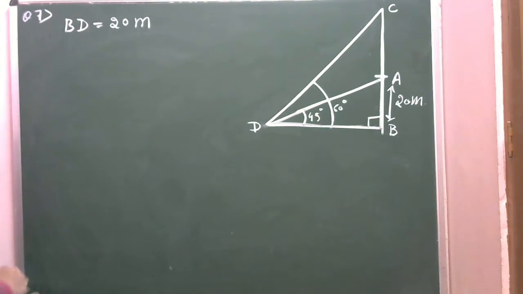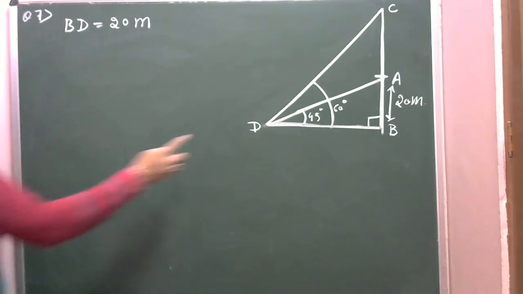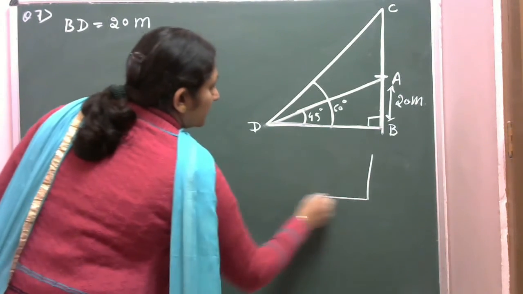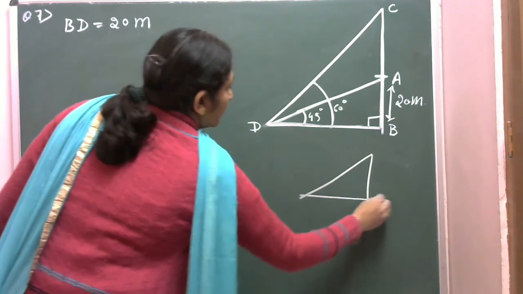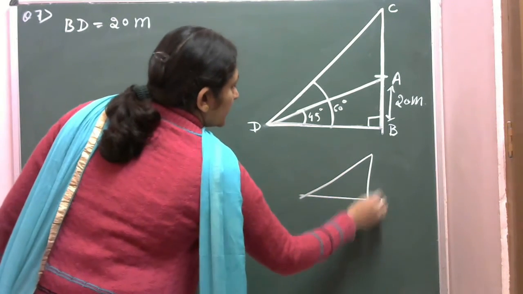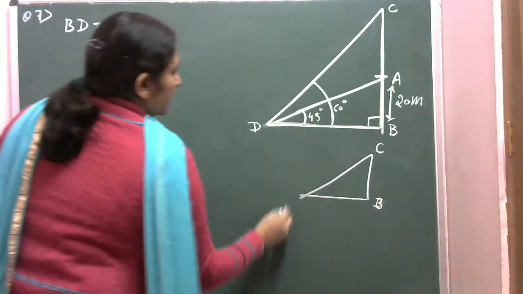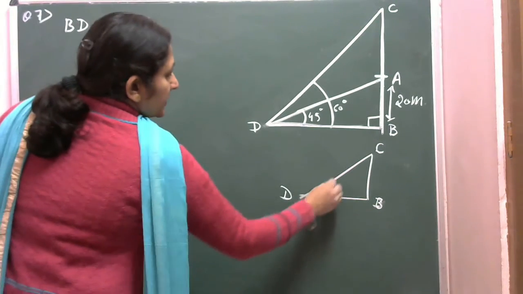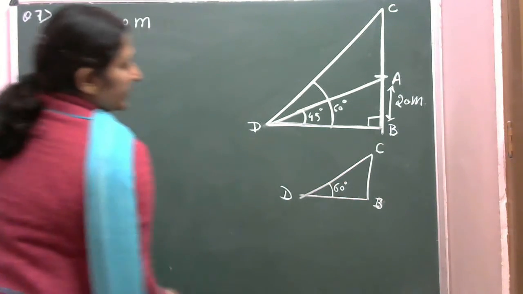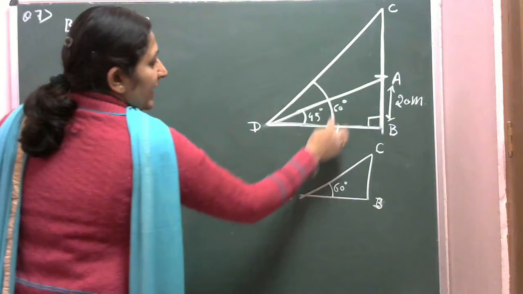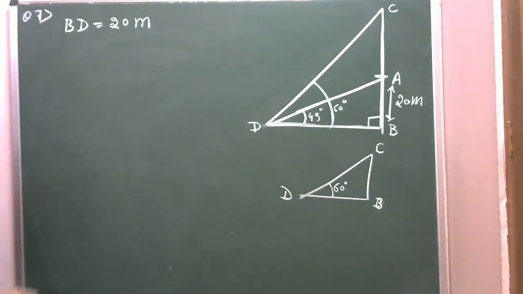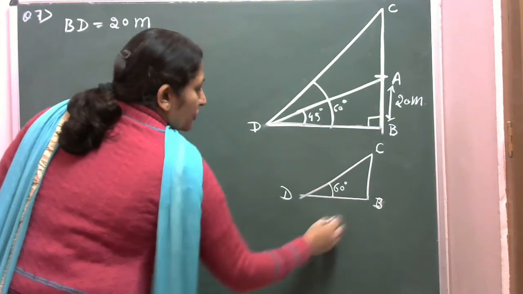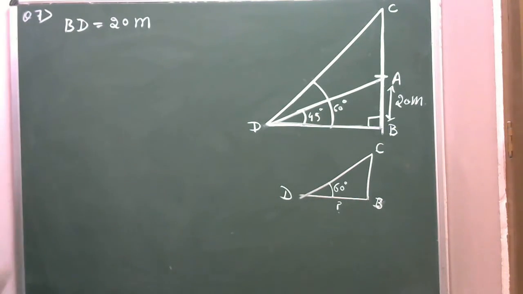Now in the bigger triangle, if you observe this triangle, this point is B, it is C and it is D. So what will be there? This angle is 60 degree, BD, and this angle is 60 degree. So we can easily find out BC because the value of BD we got is 20 meter.